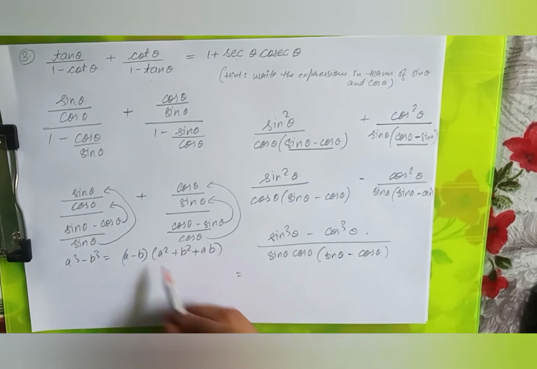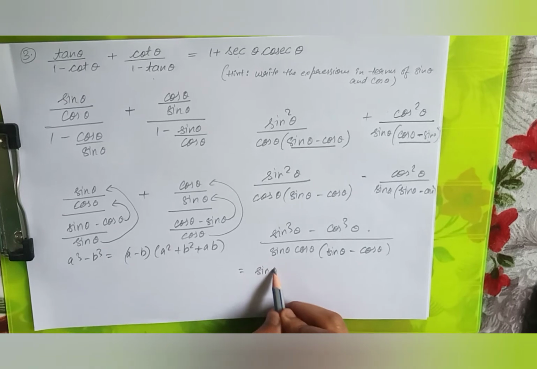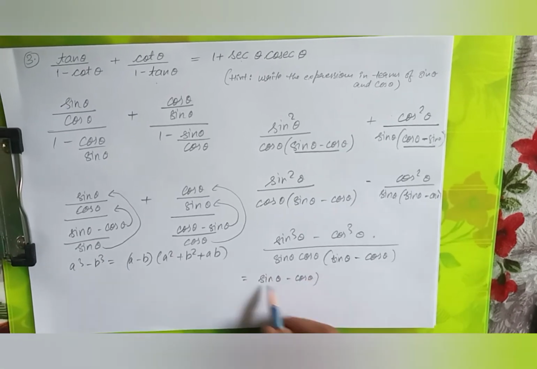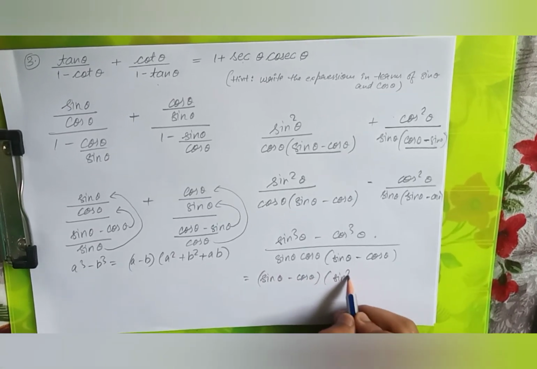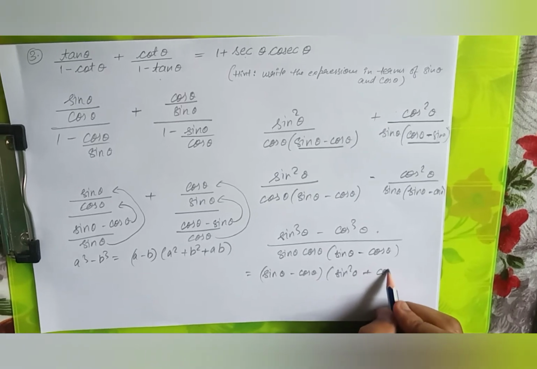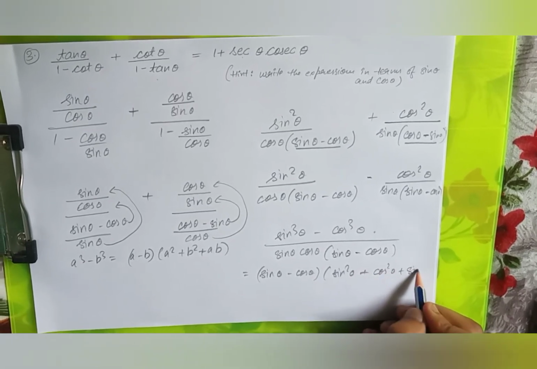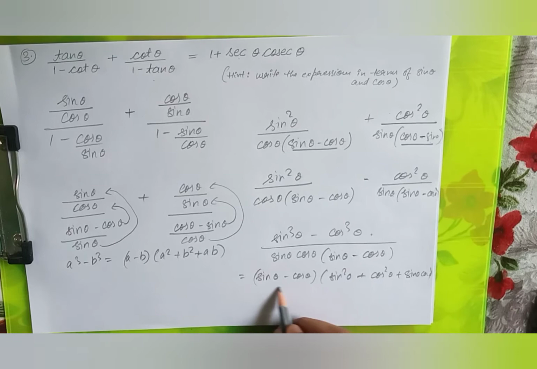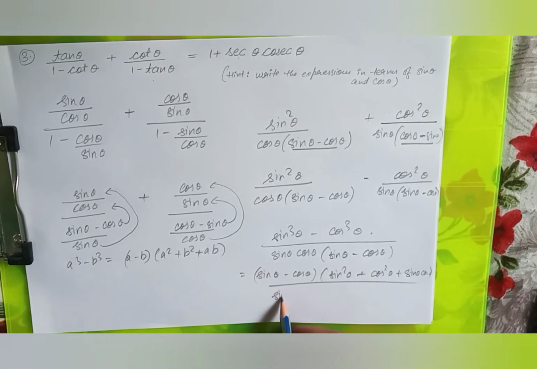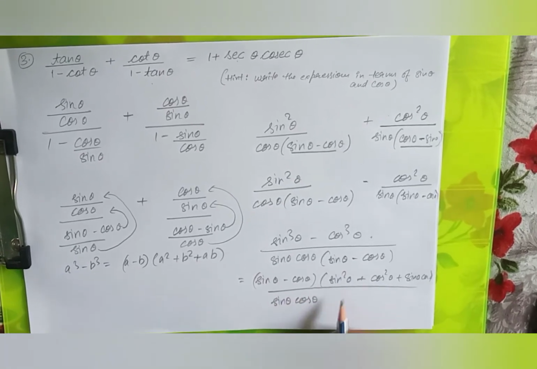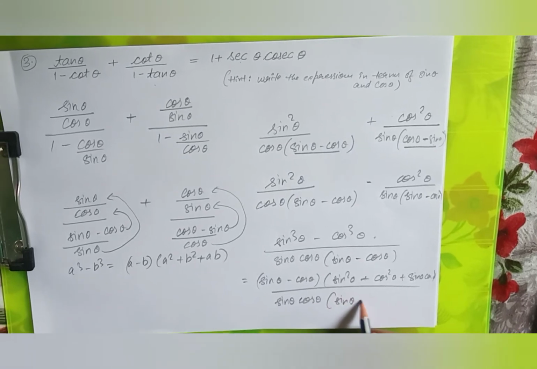By using this identity, this will become sin theta minus cos theta, and sin square theta plus cos square theta plus sin theta cos theta, and the denominator sin theta cos theta, sin theta minus cos theta.